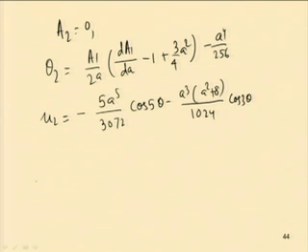So, now already we have the expressions for A1, A2, theta1, theta2 and u1, u2. So, we can write u equal to A cos theta plus epsilon u1 plus epsilon squared u2.